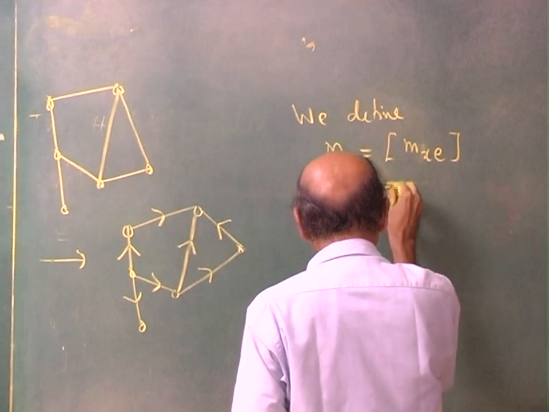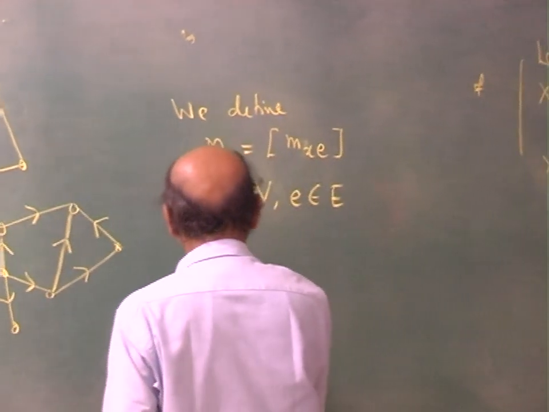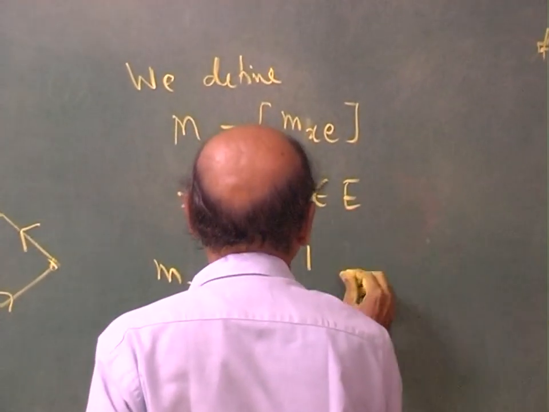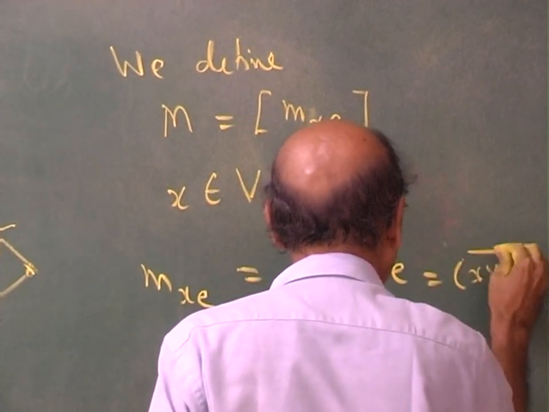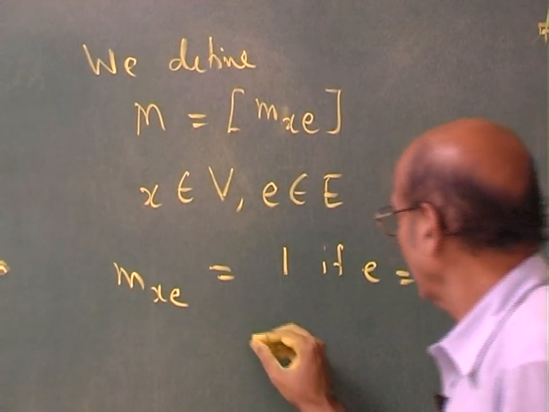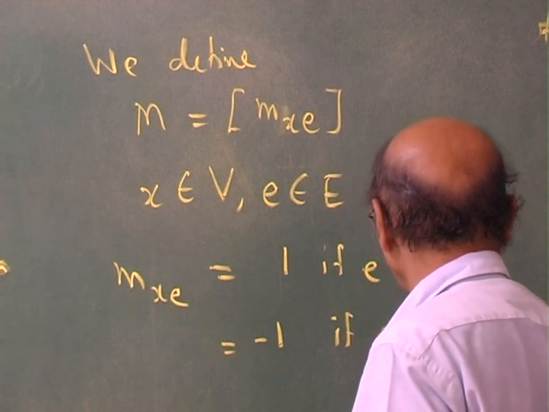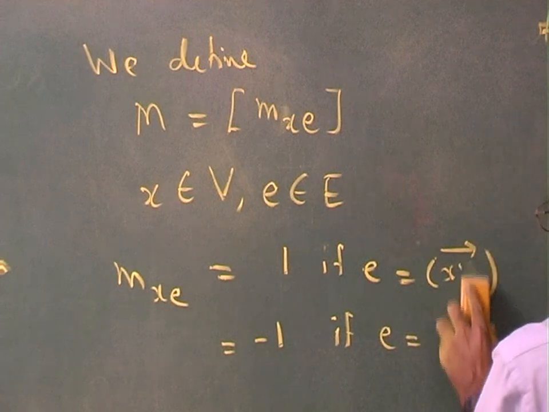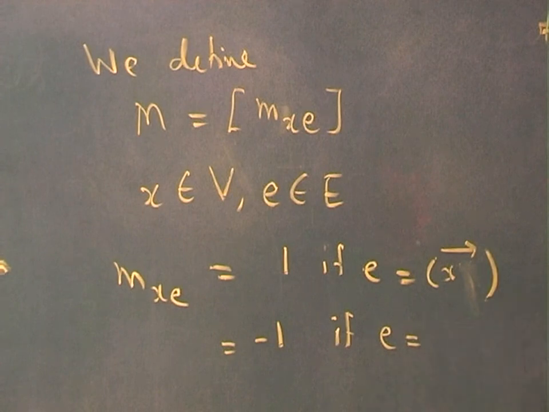X is the vertex, E is an edge. Really speaking, I will not specify what that other end is. So it's going out of X. Is that clear?